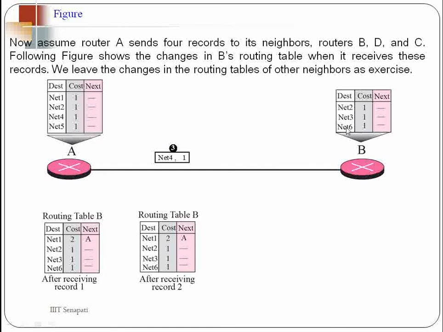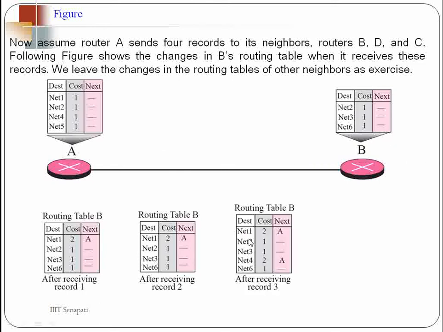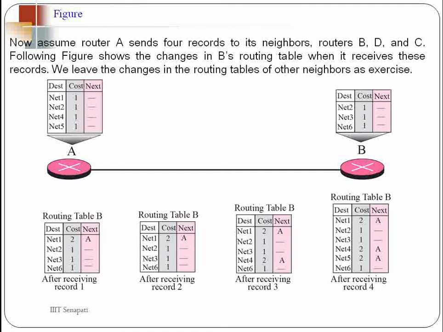Here there is no network 4, so this record will come here, and network 4 will be kept here with 2 hops. The next record is network 5, one hop. Network 5 is not present here, so network 5 will be made an entry here with 2 hops.